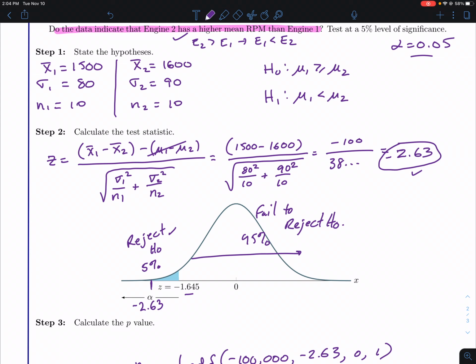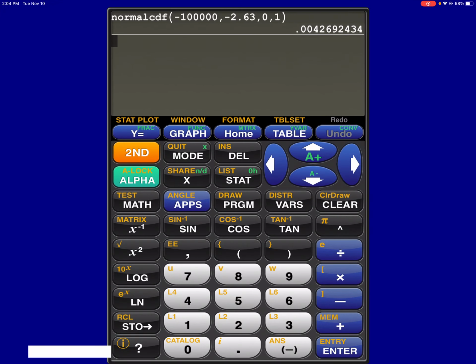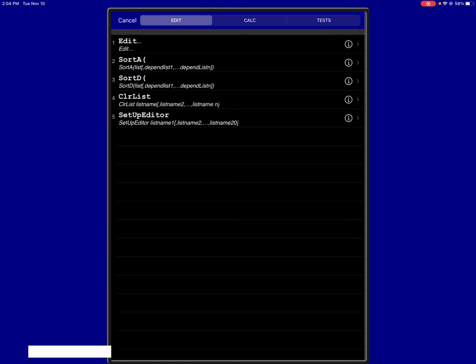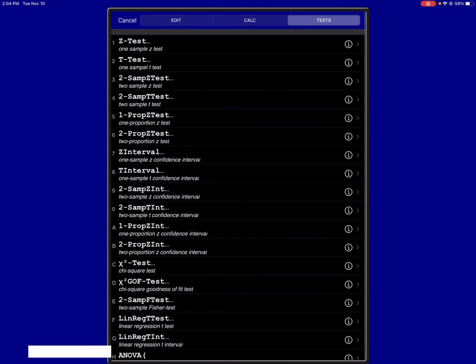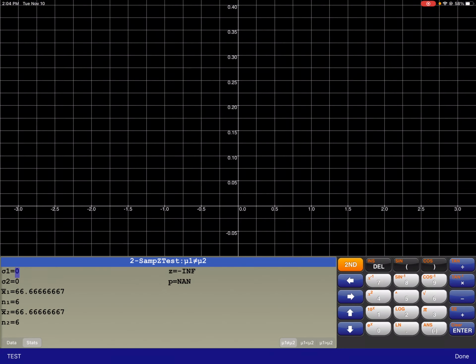All right, so let's flip to the calculator real quick. This is going to fall under stats, then under test. The third one on our list is the two sample z-test. Again, we want to type in all the different information that's given. So our sigma 1, I think, was 80 if I remember correctly.